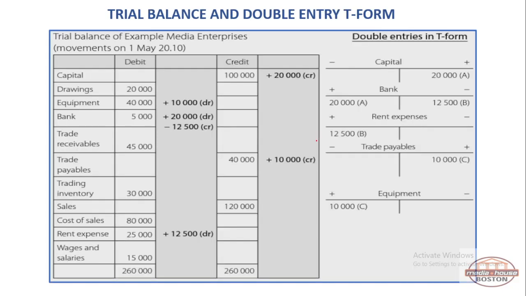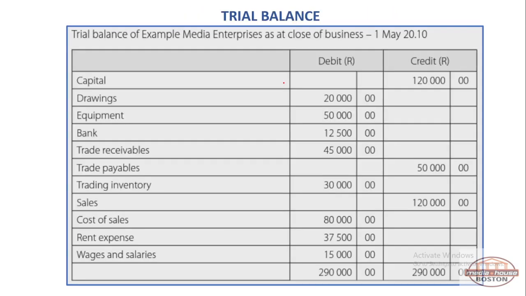So when those transactions took place, we go and record them again within the same account, which is the capital account or whichever account they occurred in, and then we transfer this amount to our trial balance and show those effects. Once we show those effects, we have what we call an adjusted trial balance. So this is an adjusted trial balance.